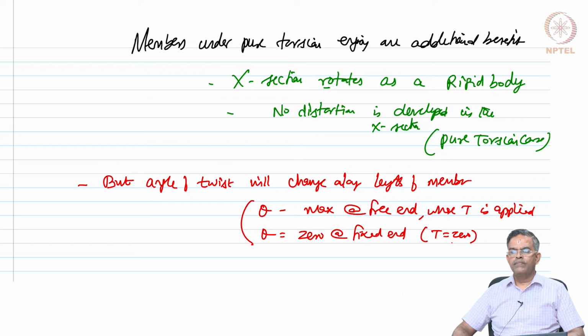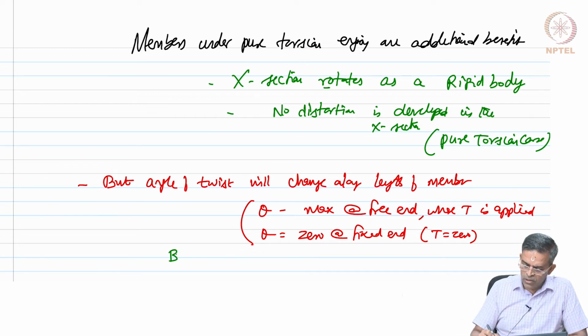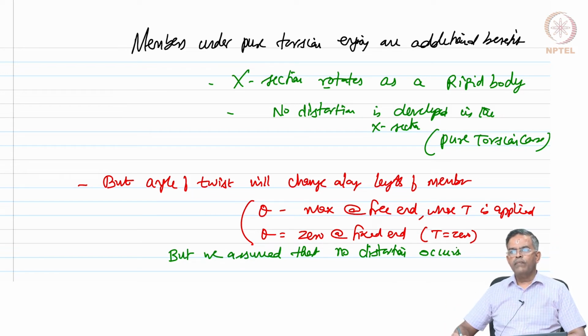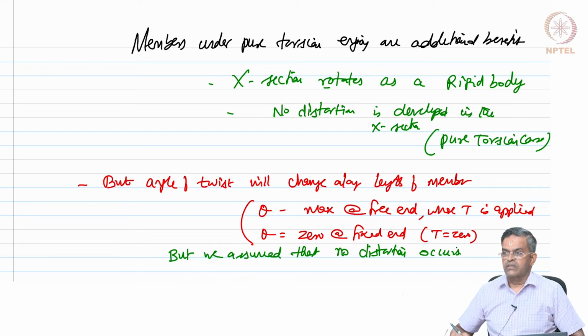Okay. But we have assumed that no twist torsion occurs. Okay. So, then what will happen to the cross section? See, you are having a change in theta. So, it has to twist the section, but we said that cross section shape does not change at all under pure torsion. Then what should have happened to the section?